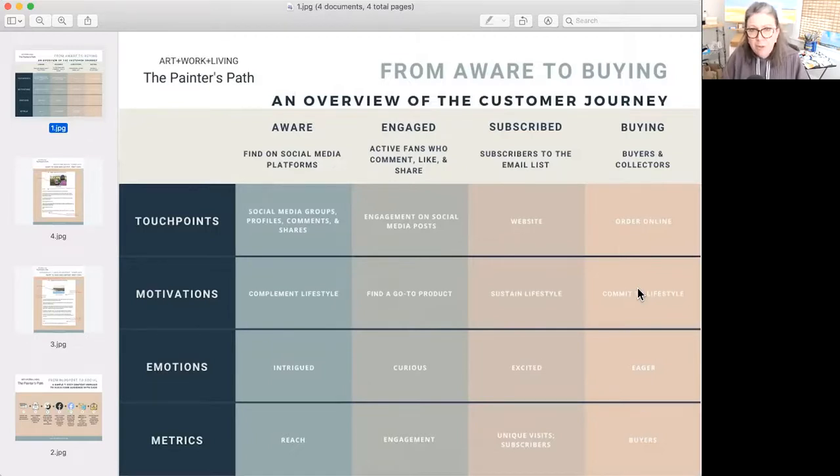That average conversion rate is 2%. Some people do better, some people do a little worse, and it can vary between the stages. But it means that as you go from one stage to another, 2% roughly of the people who become aware of you will move to the engaged stage. 2% of them will become subscribers. 2% of them will become buyers. That's why it is crucial to have as large a reach as possible at that initial awareness phase.